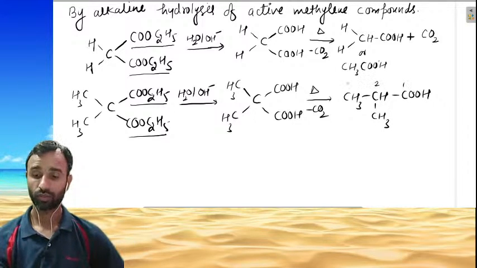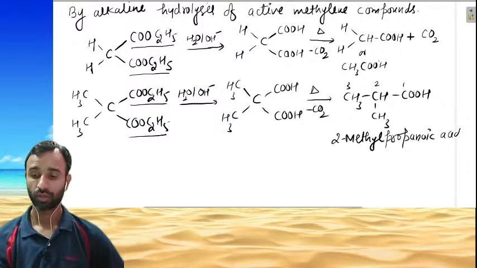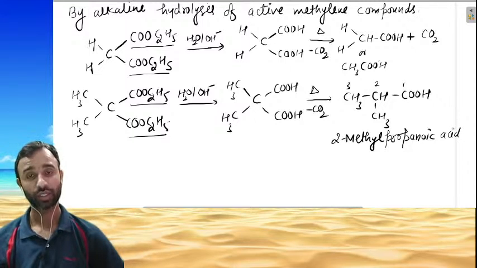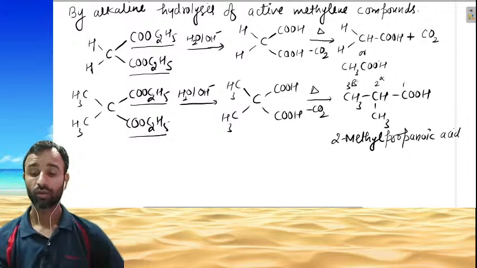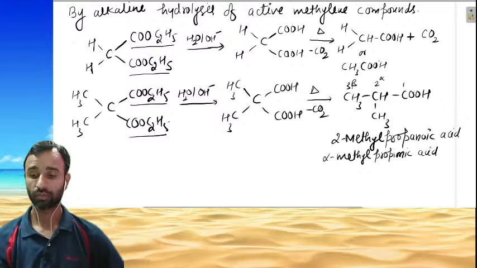So 1, 2, 3: 2 methyl propanoic acid, or we can say alpha methyl propionic acid, the common name.